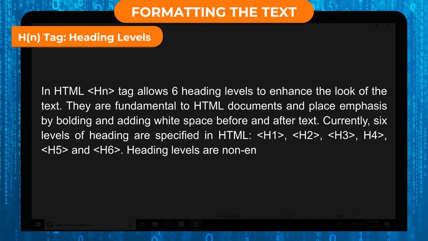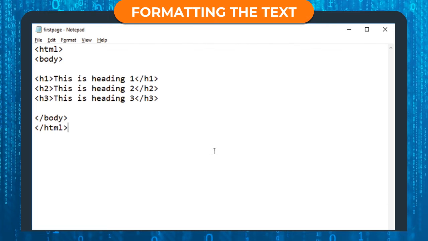Heading labels are non-empty tags. Heading label tags do not specify the absolute font size used in headings. Instead, they collectively represent the relative sizing from large to small of heading labels with respect to one another.